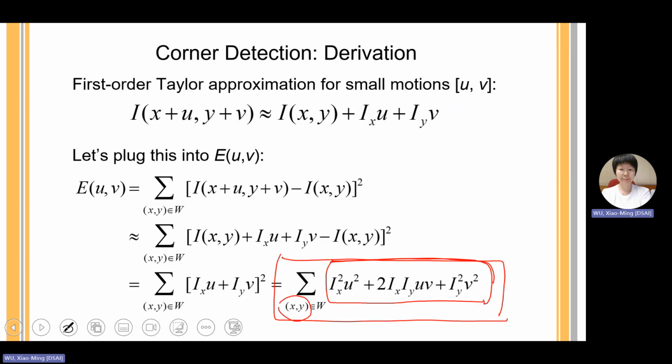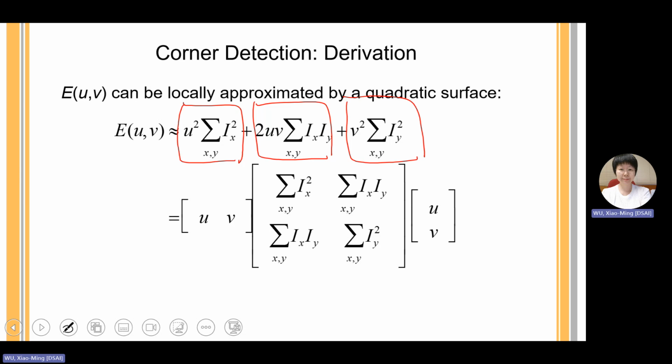Like we said, for every pixel within the window, we can compute this term and then sum them up, aggregate them together. Or we can do it equivalently: we can compute the three terms individually.